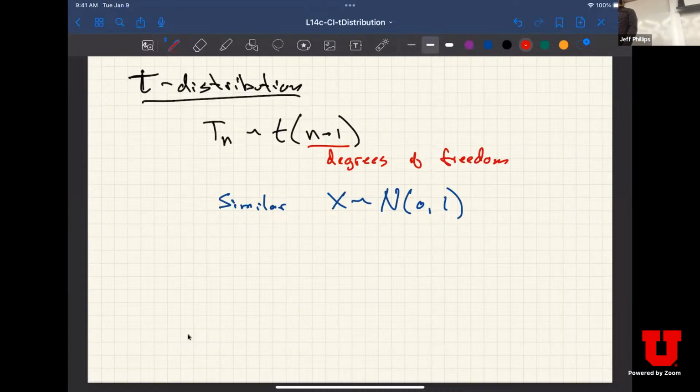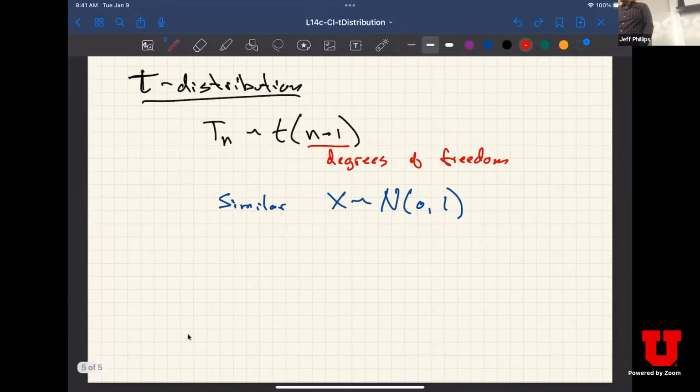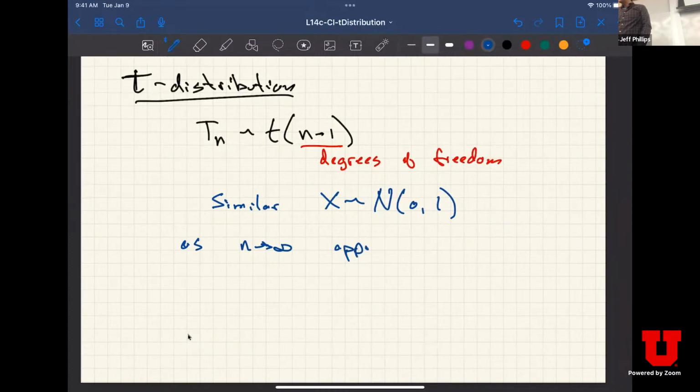As n gets large, as n goes to infinity, it actually approaches the standard normal distribution. For small n, it's going to look a little different; for big n's, it's pretty much going to look the same.